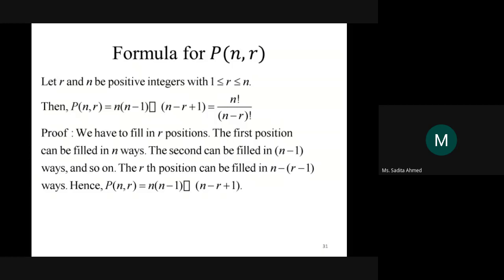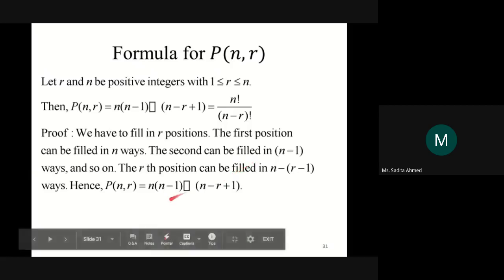So hence, we can apply the product rule here because order matters. Regardless of the choice that you make, for every single one of the n choices for the first element, you have n minus 1. For every single one of the n minus 1 choices, there are n minus 2 ways to choose the third element, and so on. Because of that reason, we can apply the product rule here.